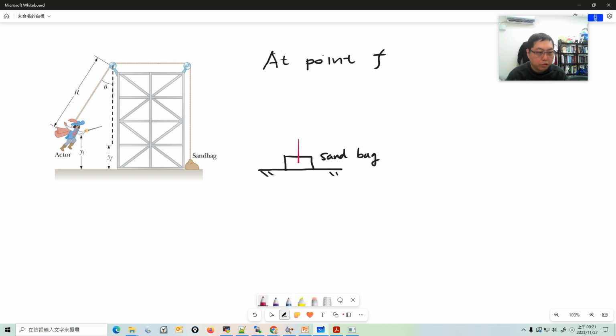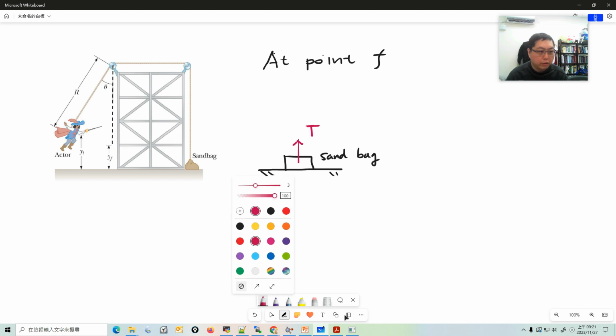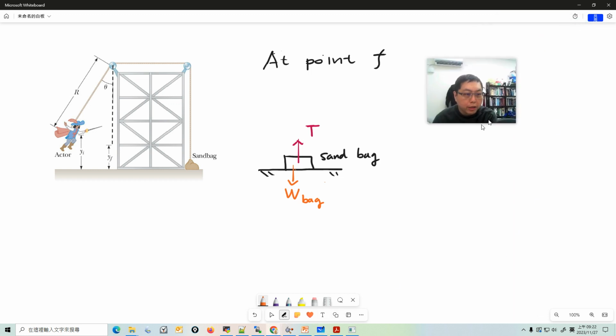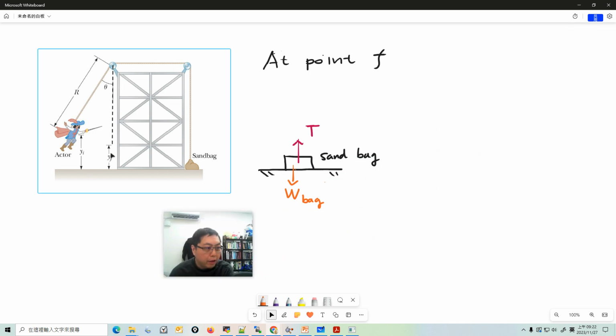And it also feels its weight, let's call it the bag's weight. So at point F, the sandbag has a tension and has its weight. That's the much easier one.